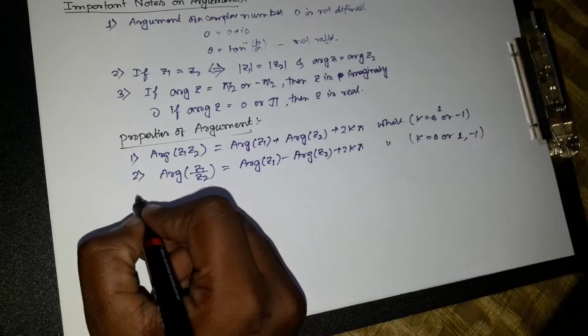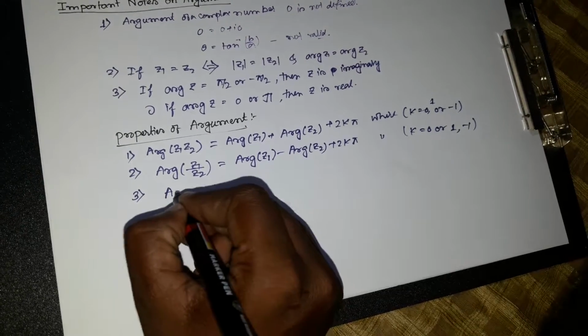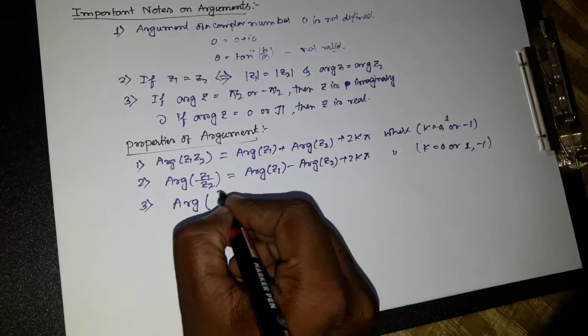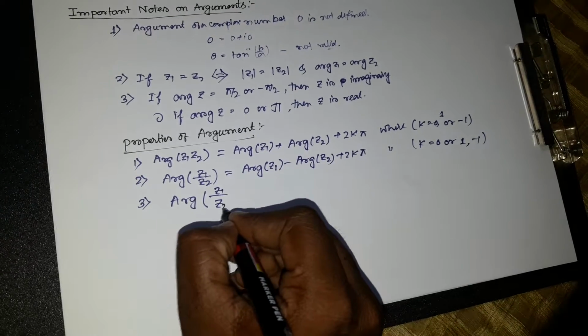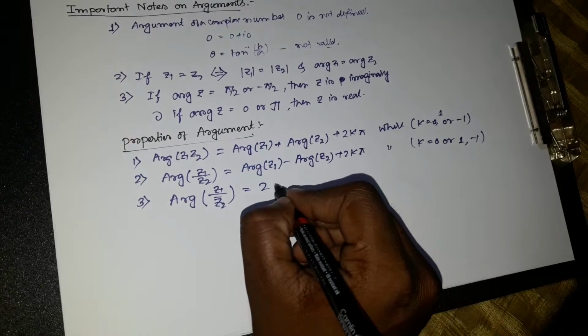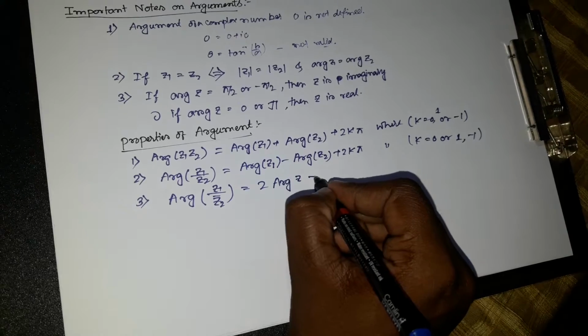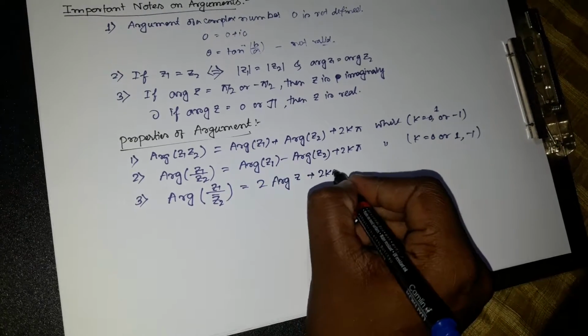Okay, number 3: argument of z divided by z bar is twice the argument of z plus 2k pi.